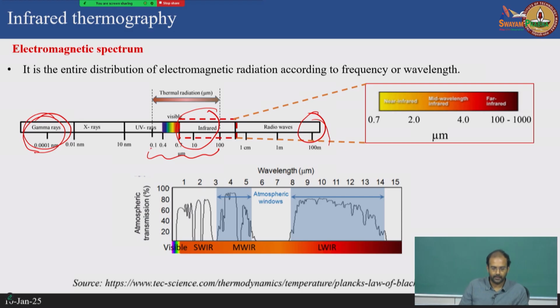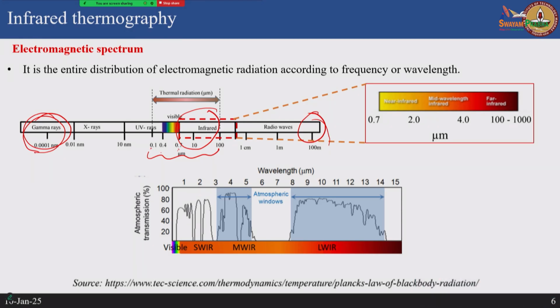Now, the infrared band is also a considerably big band, ranging all the way from, say, 0.7 micron. 0.4 to 0.7, that is 400 to 700 nanometers, is all visible. So, it is a very tiny part of the entire electromagnetic spectrum. If you look at Planck's black body distribution curve for the sun at approximately 5000 Kelvin, you will see that the maximum emission intensity peaks at a wavelength of 0.6 micrometer.